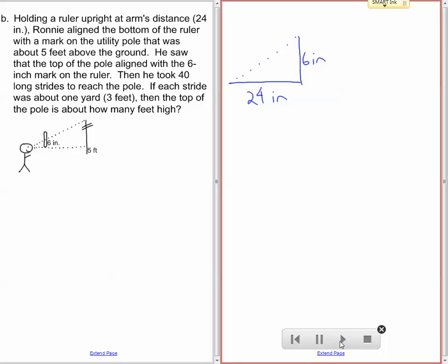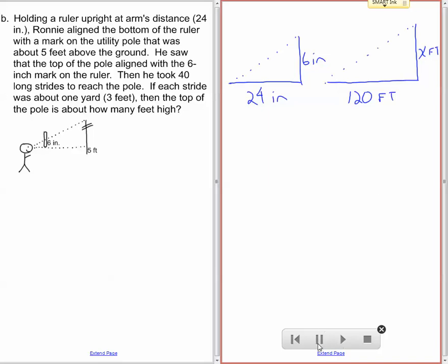Creates a right triangle. And we've also got a triangle here where Ronnie is 120 feet. Remember, he took 40 long strides from the telephone pole, and the height of the telephone pole that we're trying to figure out.